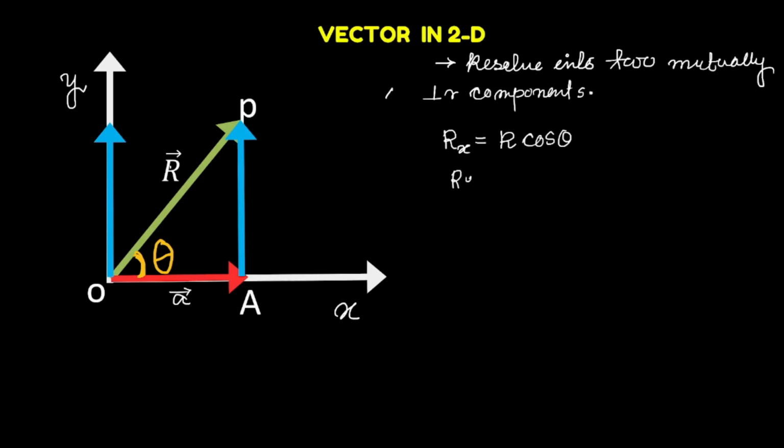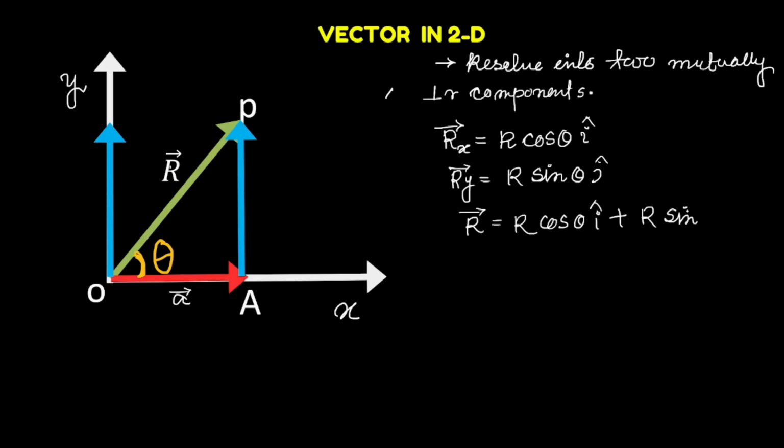Its component along y is written as r sin theta. Now in vector form it can be written as r cos theta i cap and r sin theta j cap. So overall the r vector can be written as r cos theta i cap plus r sin theta j cap. This theta is the angle between the vector and the x-axis.